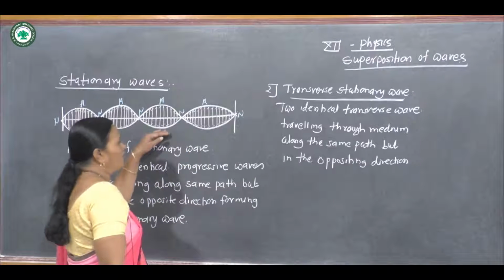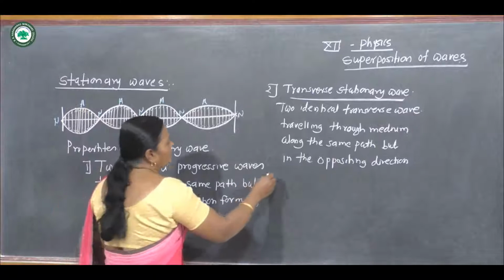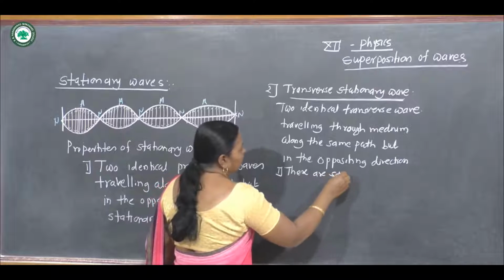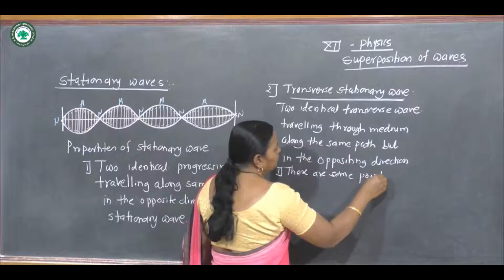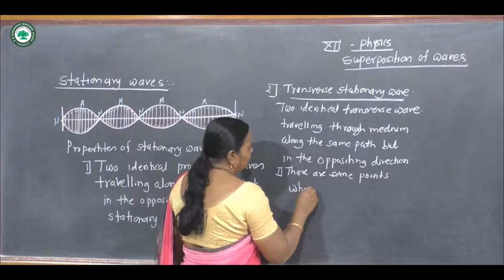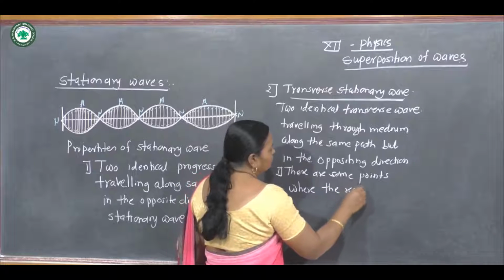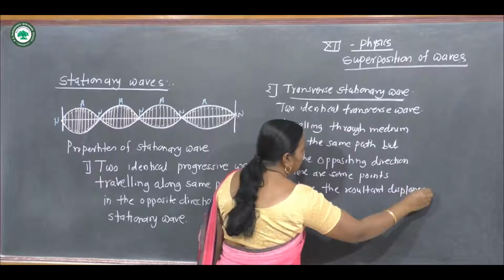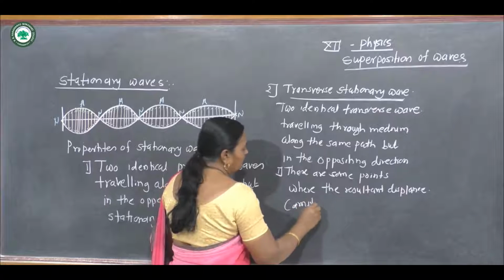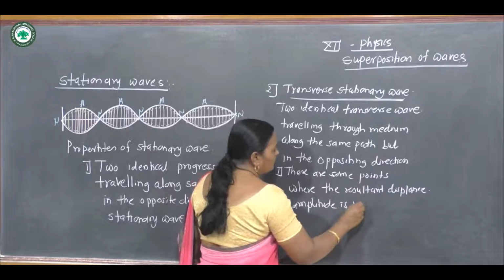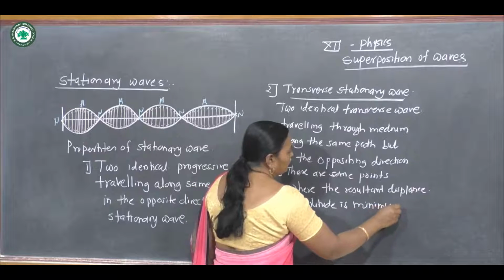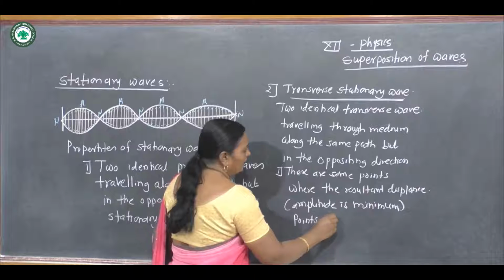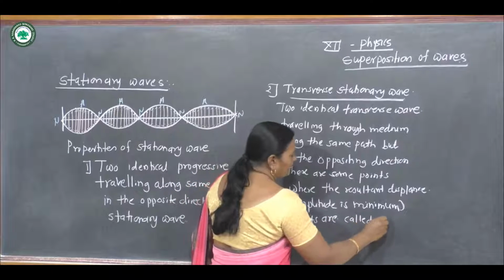When the transverse stationary wave is like this, there are some points where the resultant displacement or amplitude is minimum. The points are called nodes.